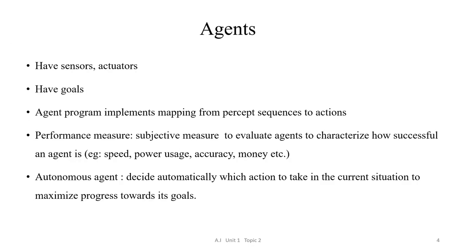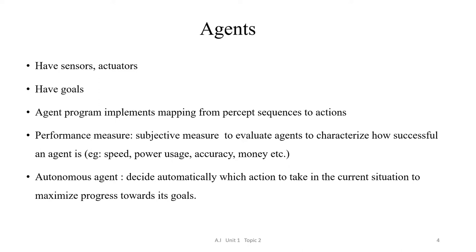Basic features of agents are: agents have sensors and actuators. They have goals to satisfy. An agent program implements a mapping from percept sequence to action sequence. Performance measure is a subjective measure to evaluate agents, to characterize how successful an agent is.